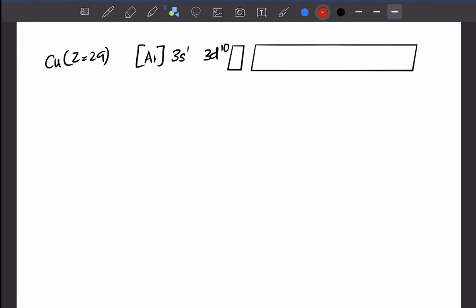So it will have one electron in the s subshell. And if you write out the number of electrons in the d subshell, you end up with a full orbital.